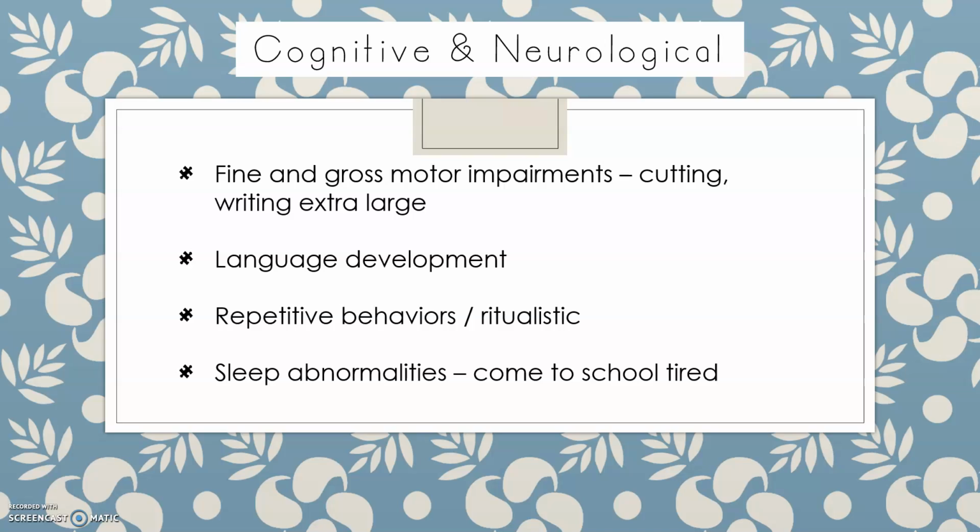Characteristics for cognitive and neurological for individuals with ASD include sleep abnormalities. Some of my kids come to school tired. I often get a message from one of my parents stating that her child did not have a good night.